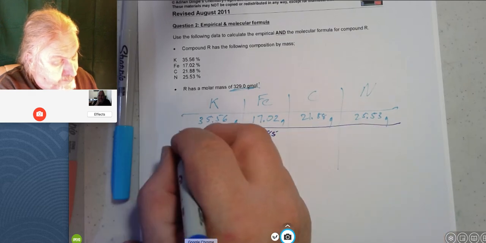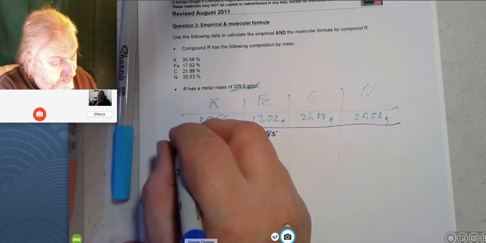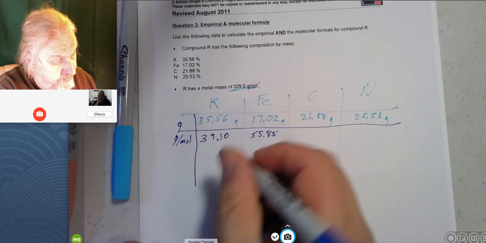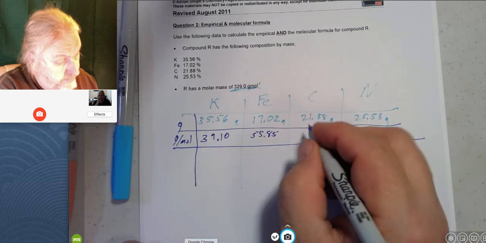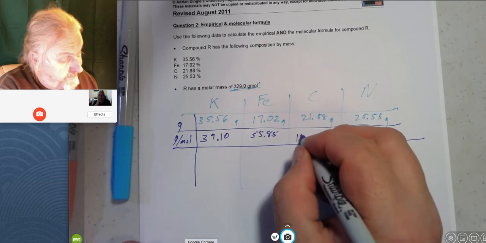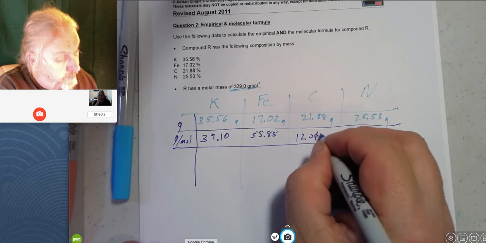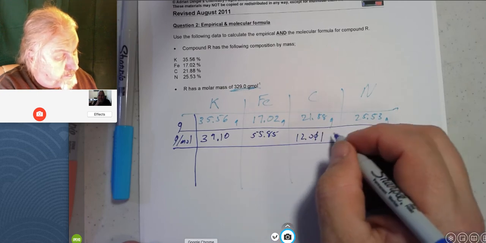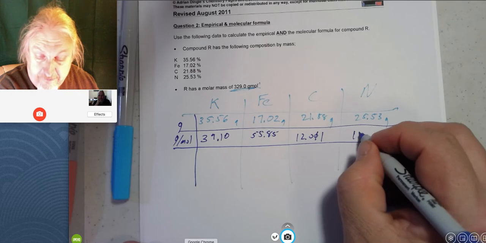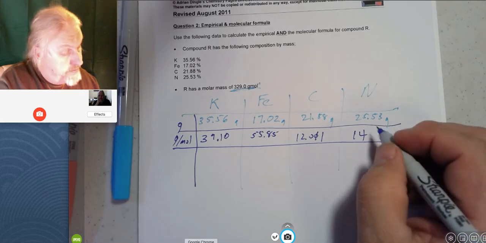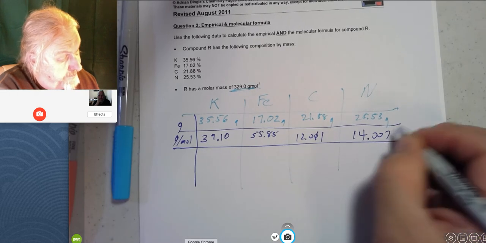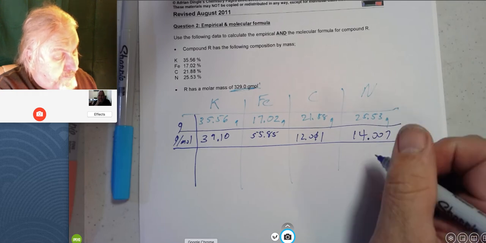We'll say grams per mole on all of these. Then we have 12.011 grams per mole for carbon, and 14.007 grams per mole for nitrogen.